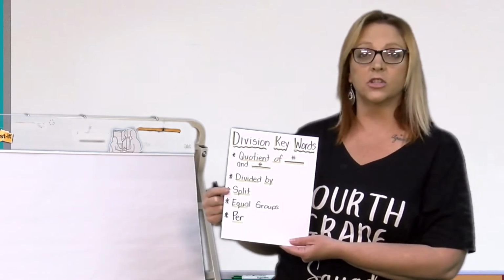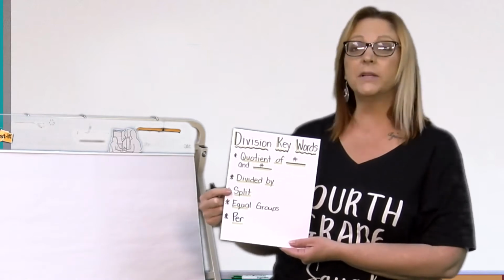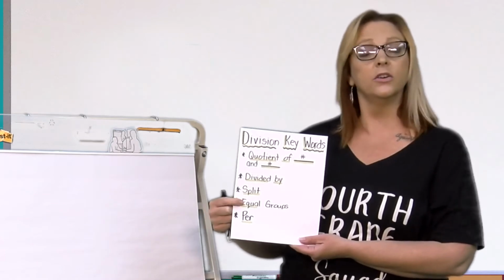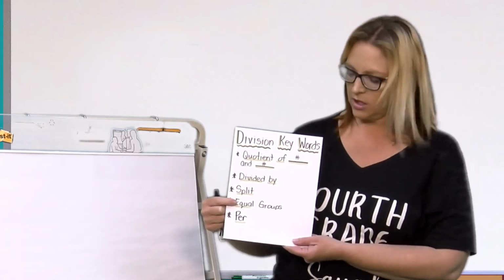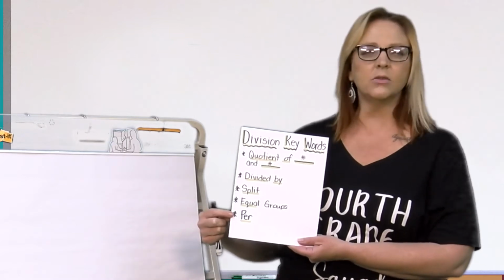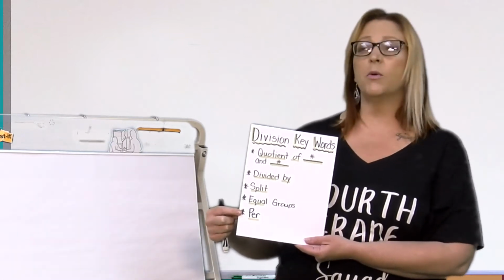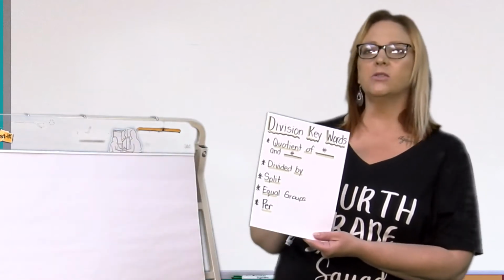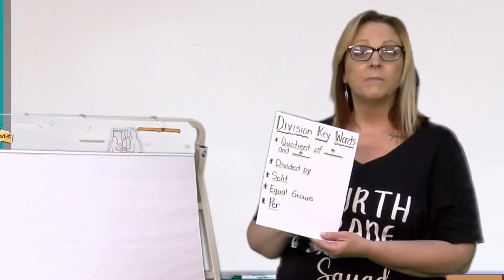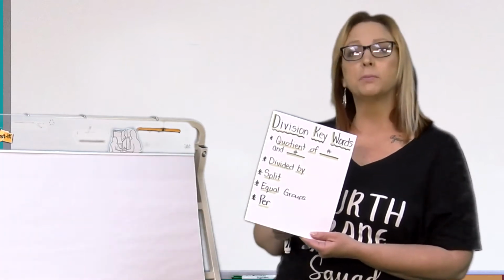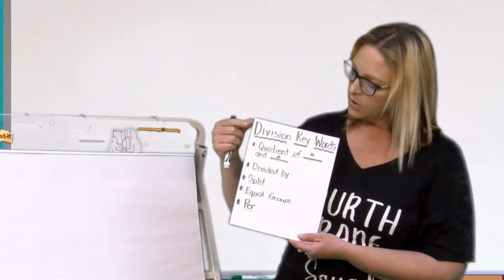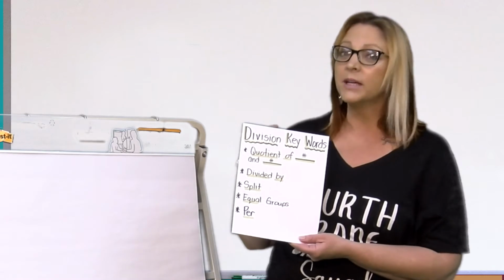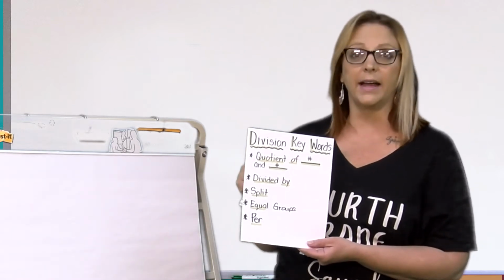Or it might say split this number into equal groups. Both of those are good indicators that you need to do division. And finally, you might see the word per. If a word problem says, how many students will there be per bus? That means you're going to divide, splitting them into equal groups. So if any of these phrases appear, that's a really good indication that you need to divide.